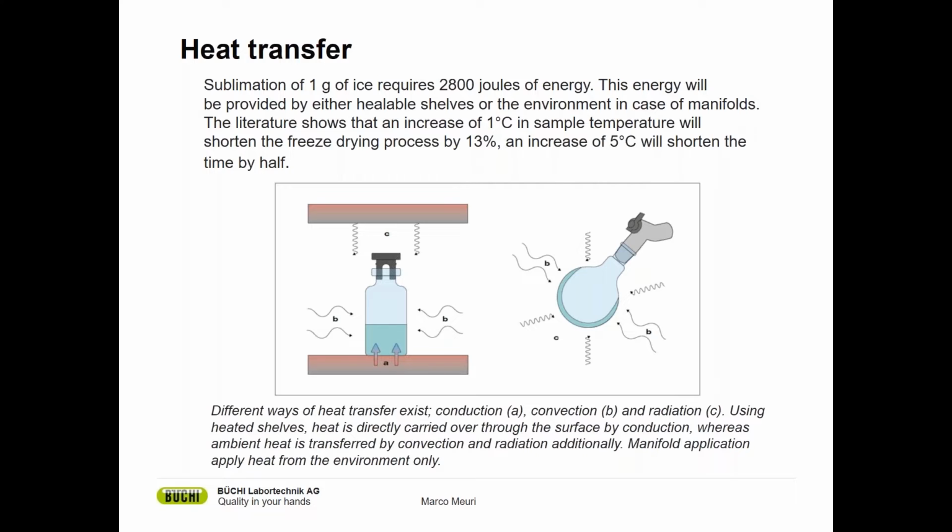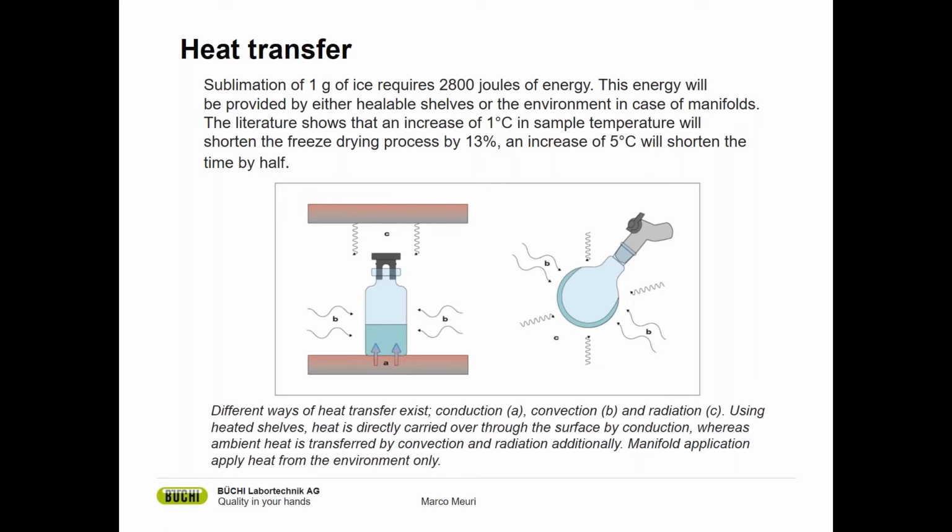So the system will consume energy from its surrounding to heat up the sample and to deliver the energy for the sublimation. This cannot be directly controlled, but typically works pretty well. But obviously it will work quicker on a warmer day than on a colder day.